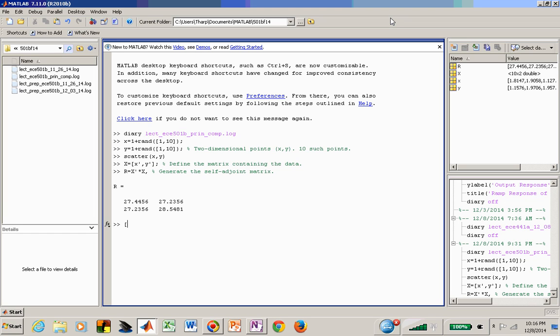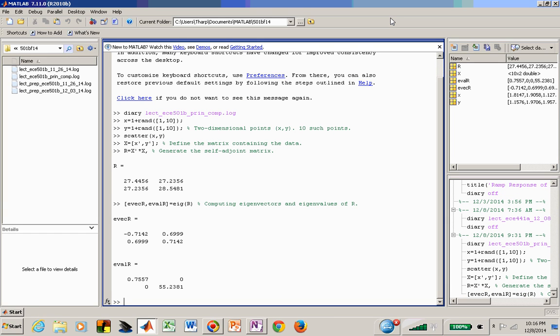Now we want to find the principal components of R, so let's look at the eigenvectors and eigenvalues of R with the eig command in MATLAB. So this is now going to be computing the eigenvectors and eigenvalues of R, or the self-adjoint matrix.